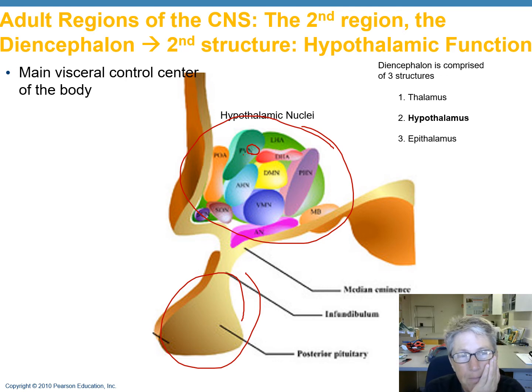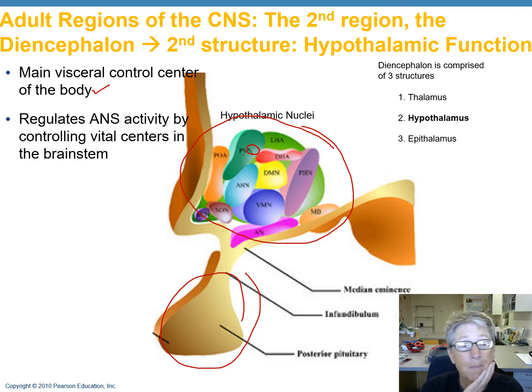But the hypothalamus functions as the major visceral control center of the body. So remember, your viscera are your guts. The hypothalamus regulates autonomic nervous system activity by controlling vital centers in the brainstem. And I should have put this in orange because this is on the test: your vital centers are in your brainstem.